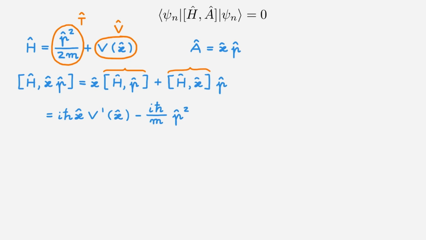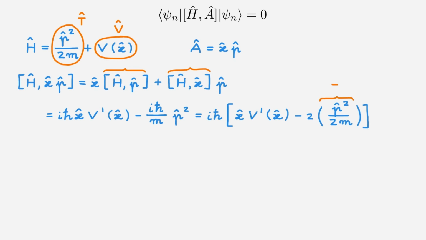Moving on, we can rearrange the expression to take i h bar out as a common factor, multiplying x times the derivative of the potential, and then I'm conveniently regrouping the term that depends on the momentum squared. This term in brackets is simply the kinetic energy operator, so we can rewrite the whole expression in this more compact form.